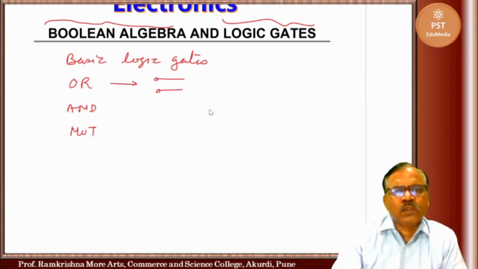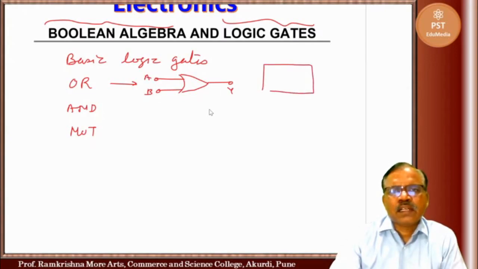These are inputs and this is output Y, A, B, and the truth table is like this: A, B, and Y. So when both are 0, output is 0; 0, 1, output is 1; 1, 0, output is 1; 1, 1, output is 1.